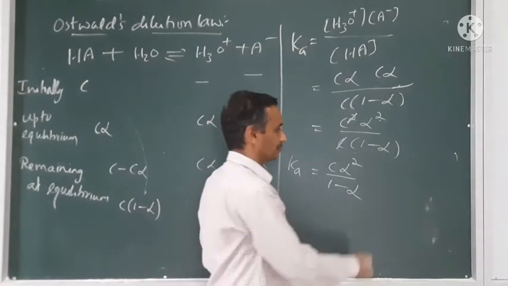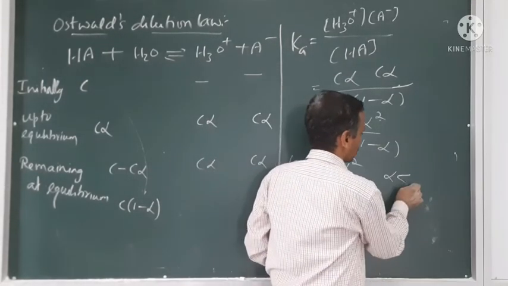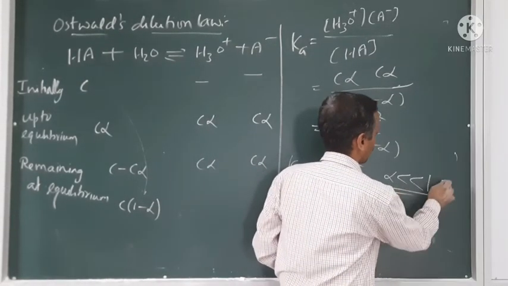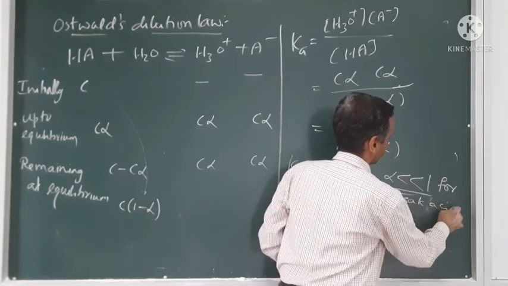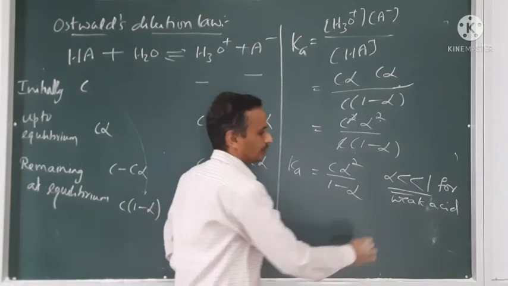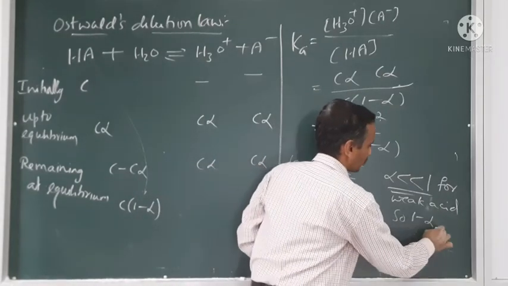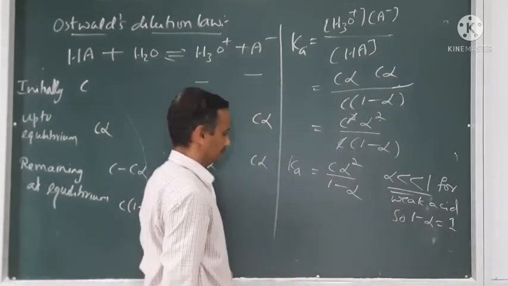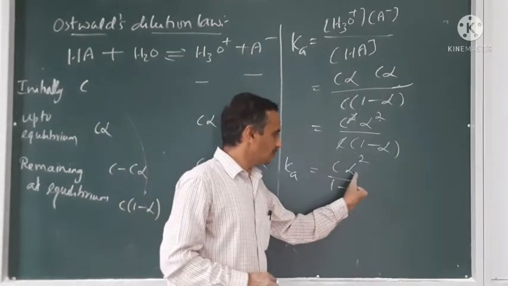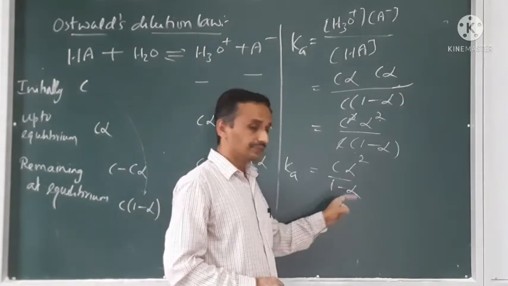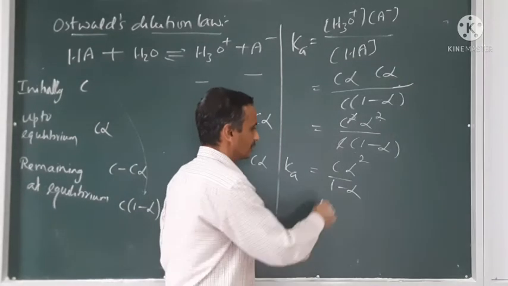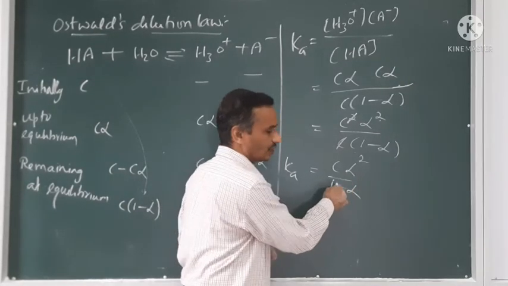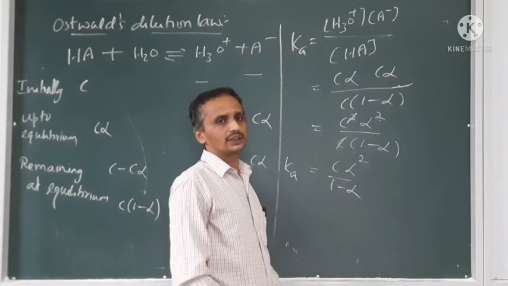But what happens here? Alpha is very small compared to 1 for a weak acid. So what do you do? 1 minus alpha is taken as 1 only. The degree of dissociation alpha varies with the dilution in such a way that C alpha squared over 1 minus alpha remains constant.